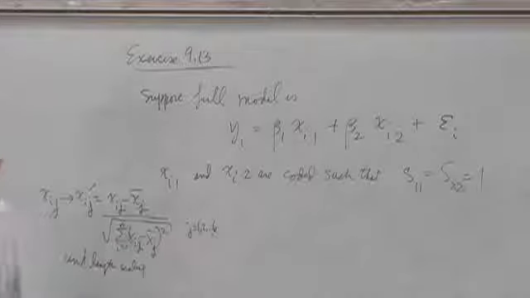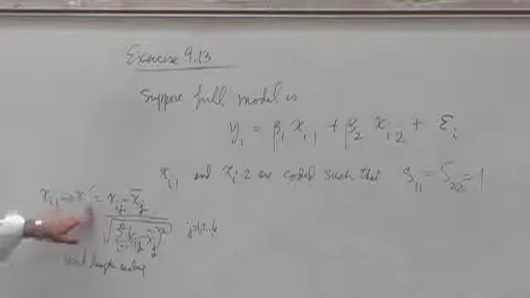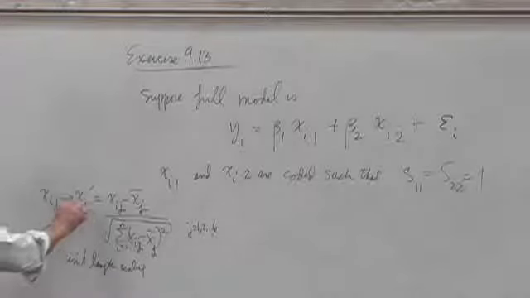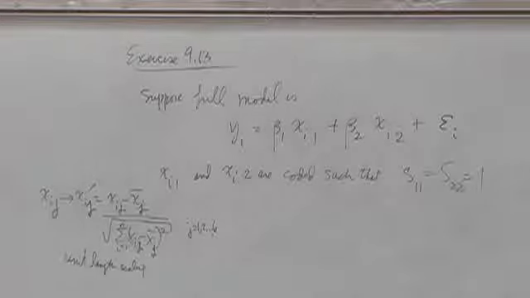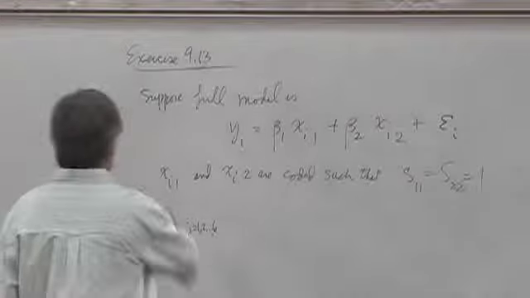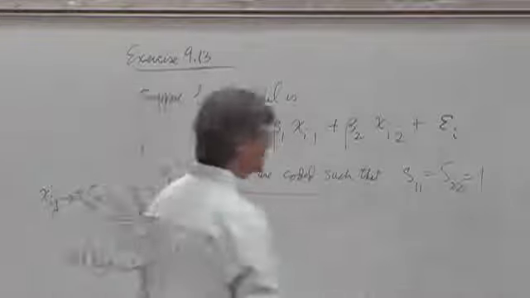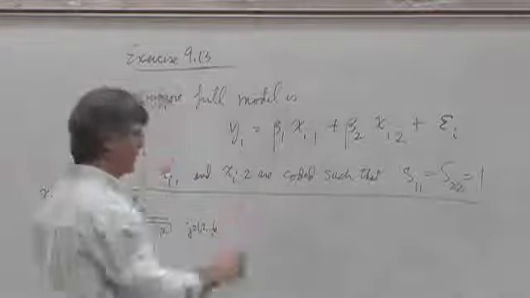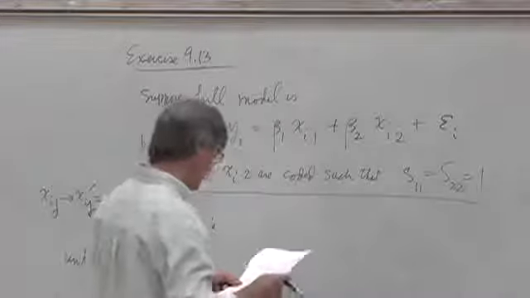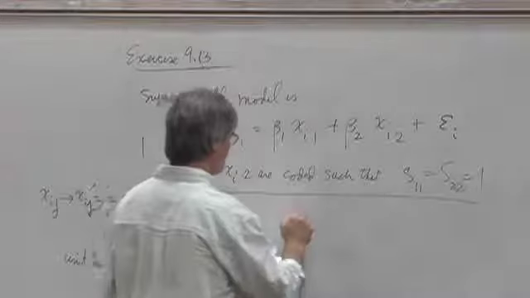I know it's ugly with the j in there, but just make j equal to 1 if you don't believe me. Now, trust that this is true. So that's unit length scaling, so I don't have an intercept in there. And now then, consider the subset model.